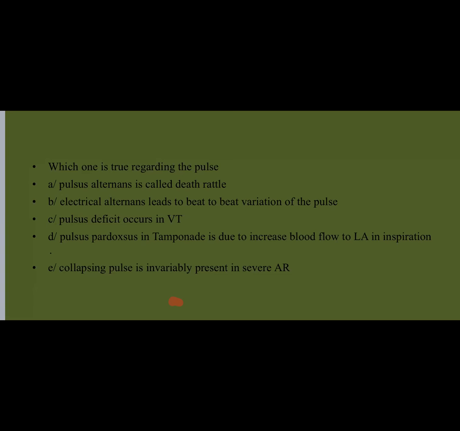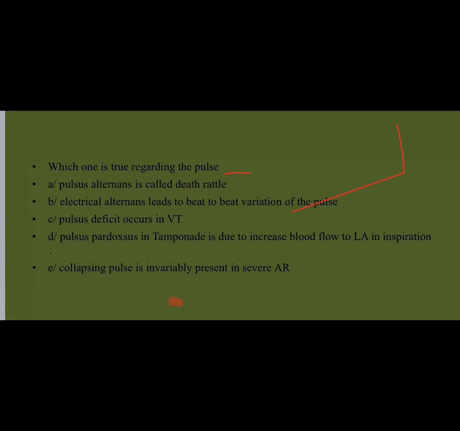Exactly. If we take C, pulsus deficit occurs in VTAC, do you think that's right? No. It's in AF. What about D? Pulsus paradoxus in tamponade is due to increased blood flow to the LA in inspiration. It is in expiration.